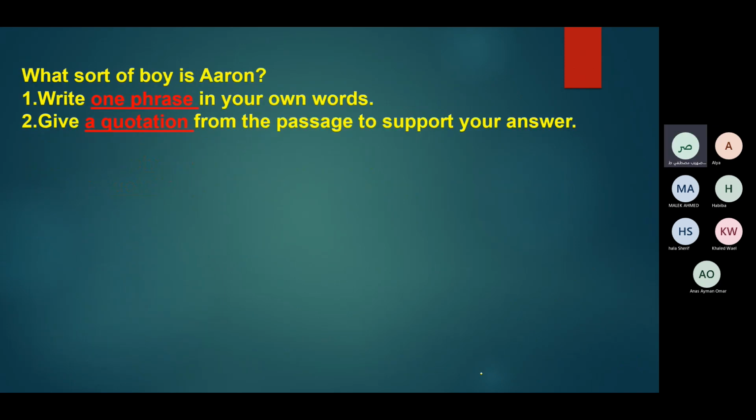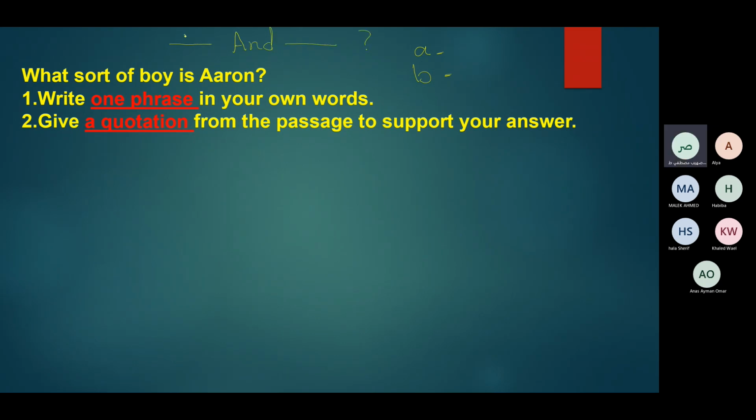Okay, what sort of boy is Aaron? Look at these two-part questions. Sometimes questions in the text contain two parts, A and B, or a part of the question and another part.